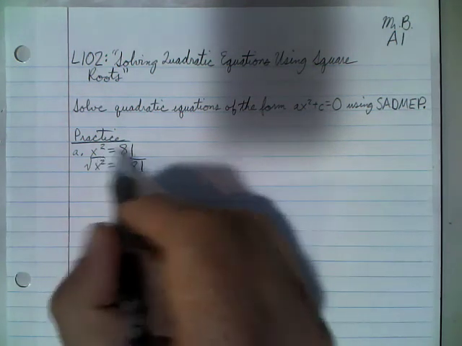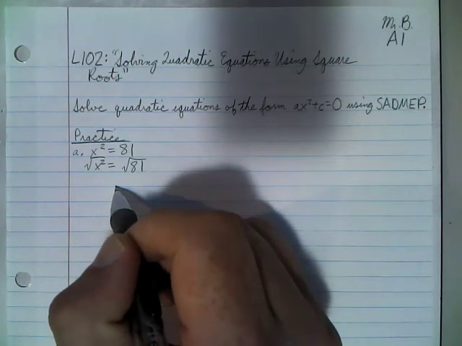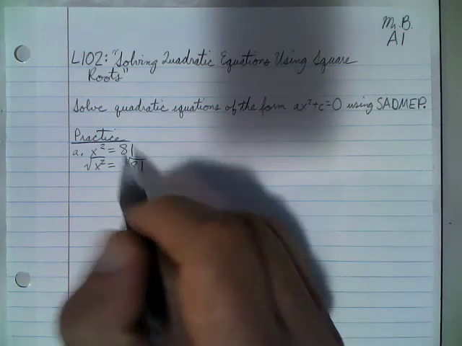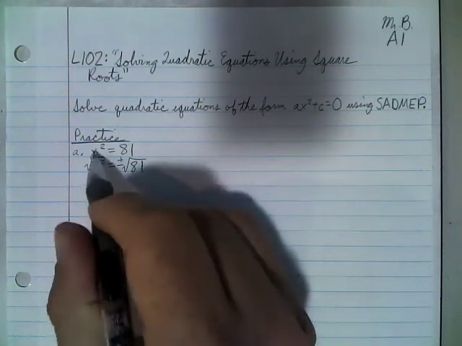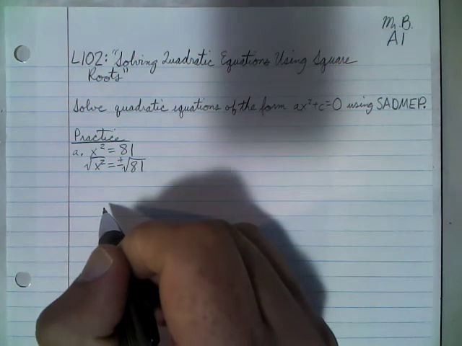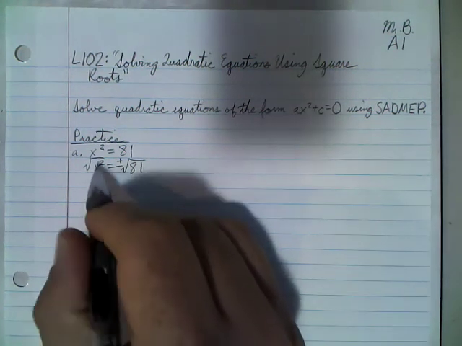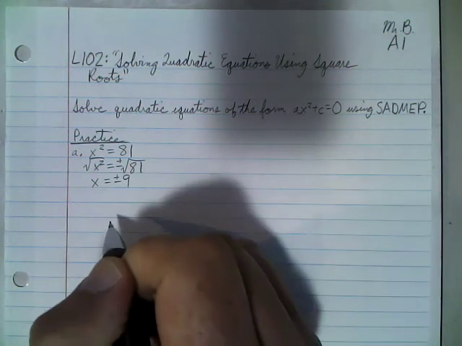So 9 squared would be 81, but is that the only answer? Well, no. It turns out when you take a true square root, there are actually two answers, a positive and a negative. A negative 9 would also squared become 81. So if we simplify this, that's going to be x equals plus or minus 9.